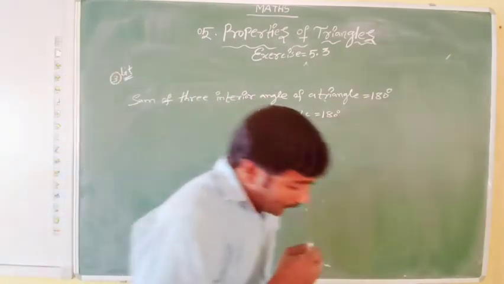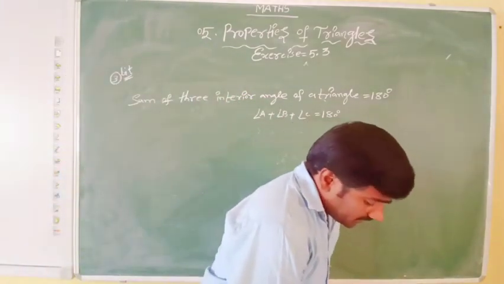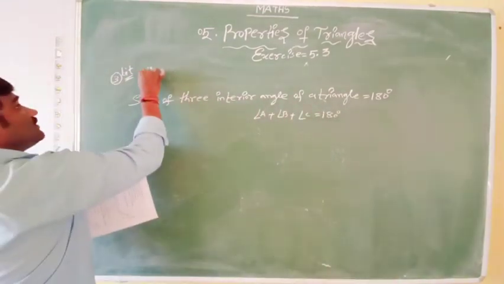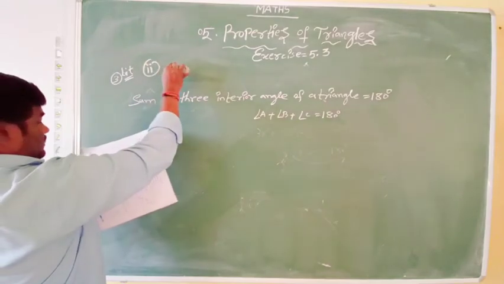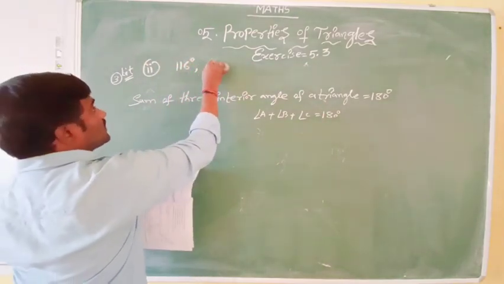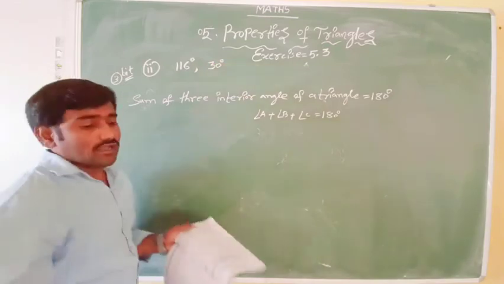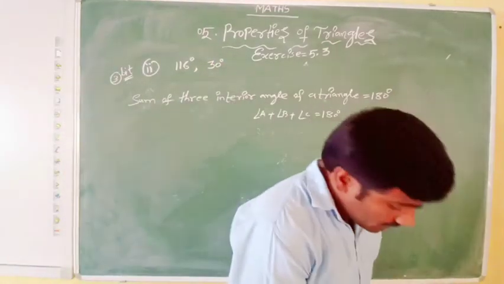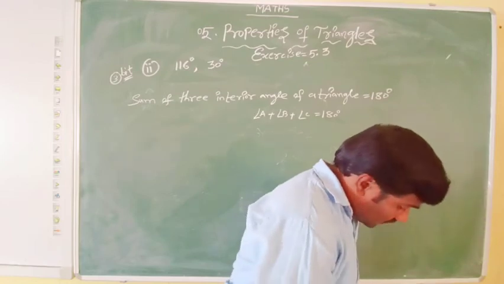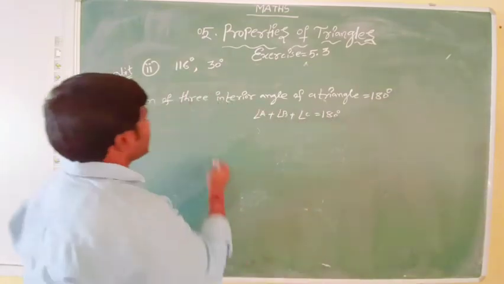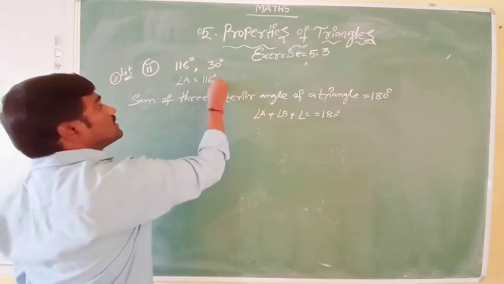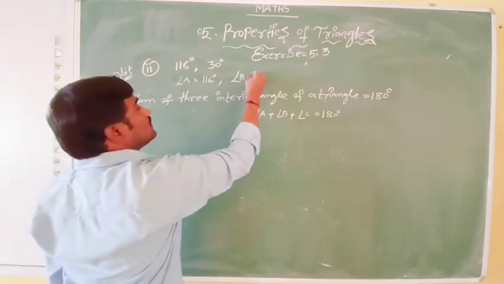Let me write, there are three questions, so let me do it. The second question: 116 degrees, 30 degrees. Let us find out the third angle of the triangle. Let us assume angle A equals 116 degrees and angle B equals 30 degrees.